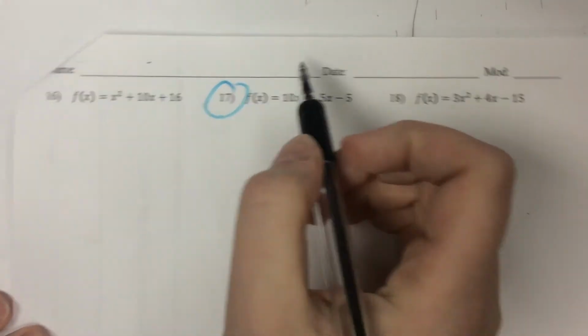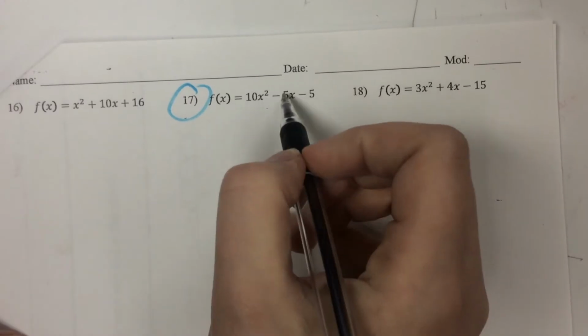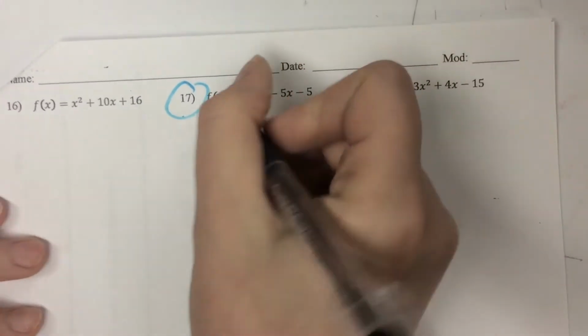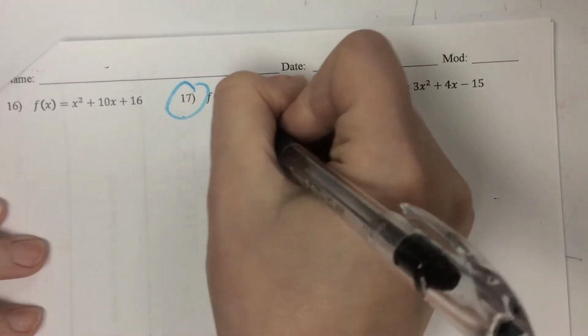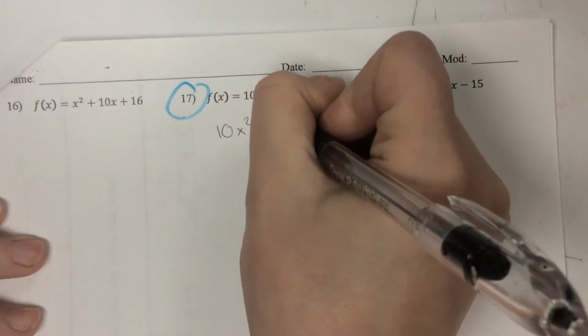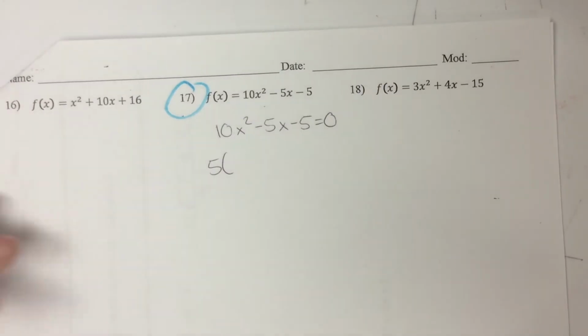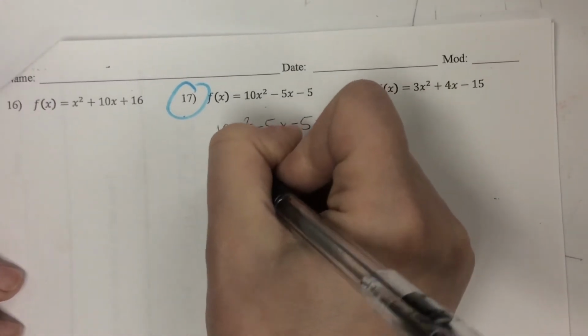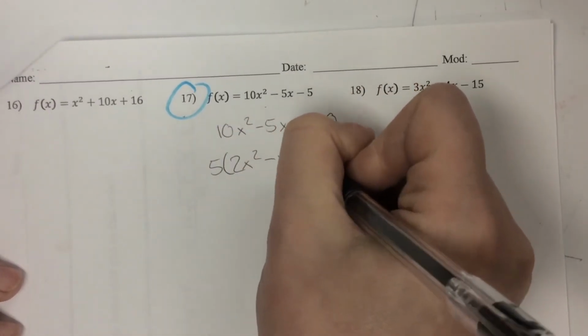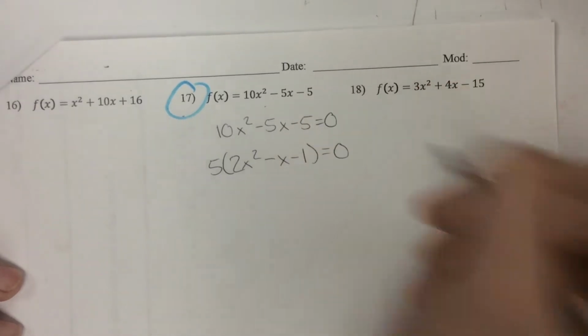Number 17, we have 10x squared minus 5x minus 5. Looking at that, I know that all 3 of those terms are divisible by 5. So I'm going to factor it out. 2x squared minus x minus 1 equals 0.